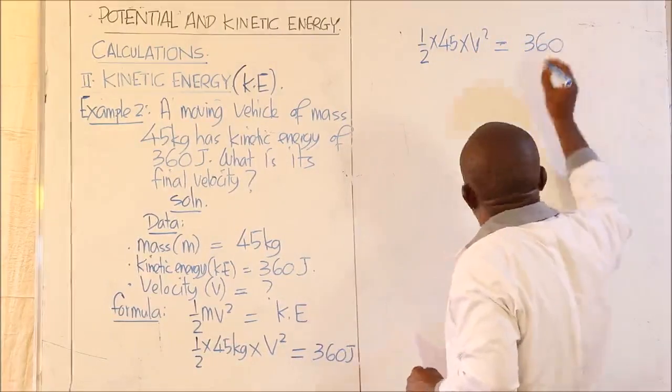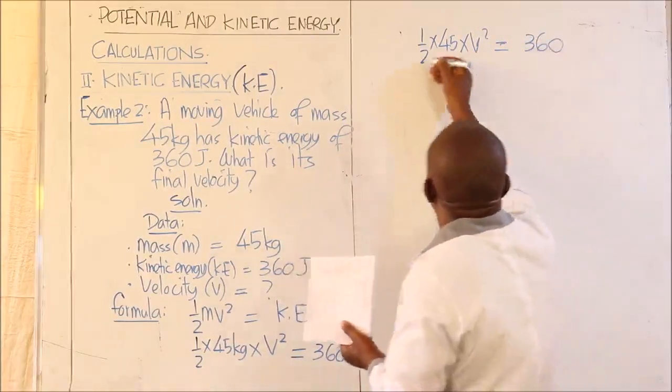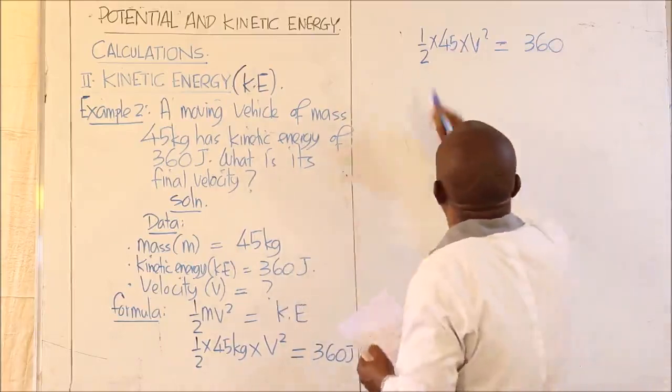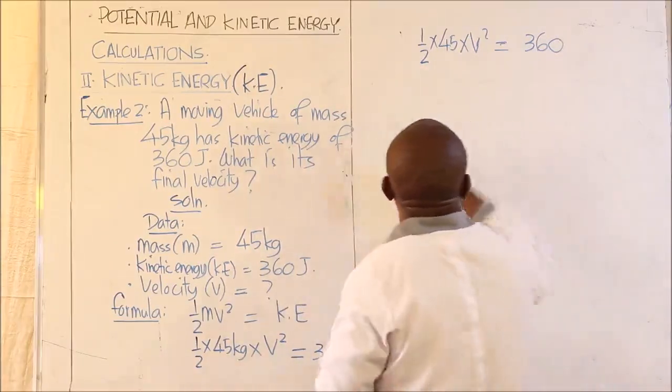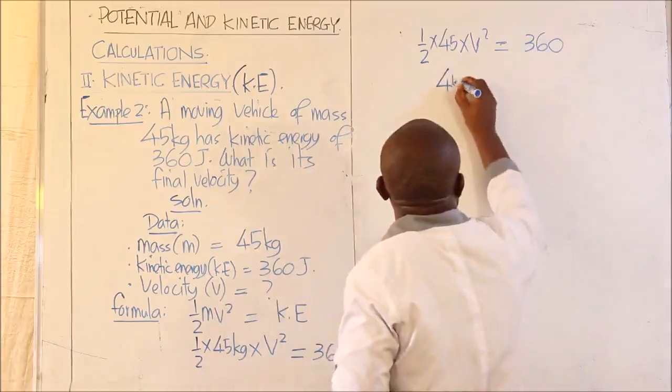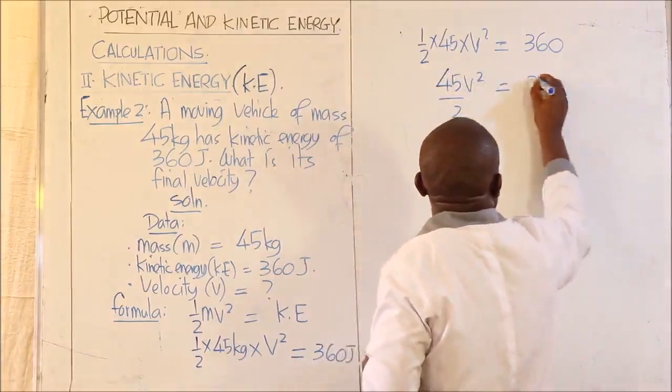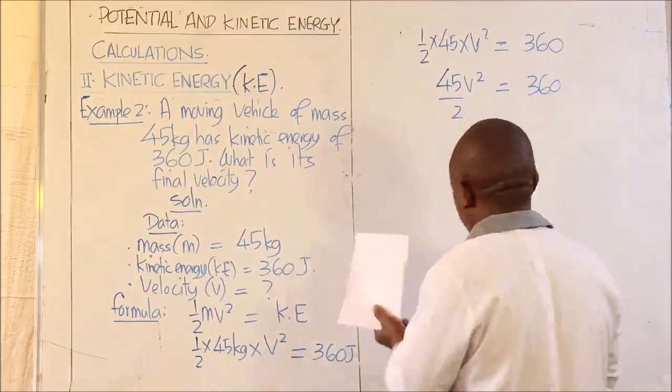In this way it becomes a bit easier. We cannot simplify 5 and 45, so we multiply these things here, which gives us 45 v squared over 2 equals to 360. I hope this is clear.